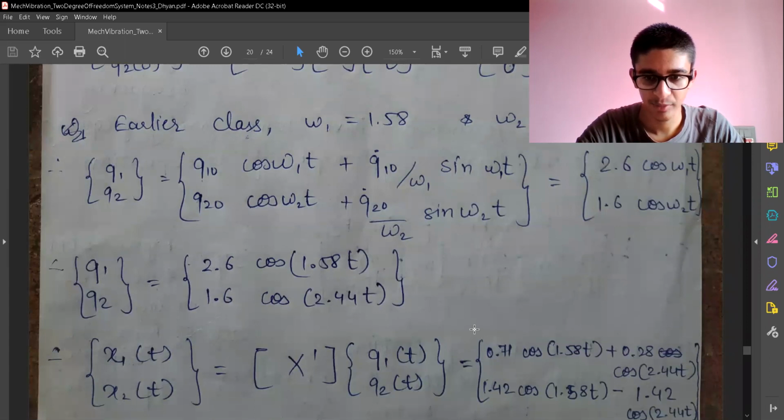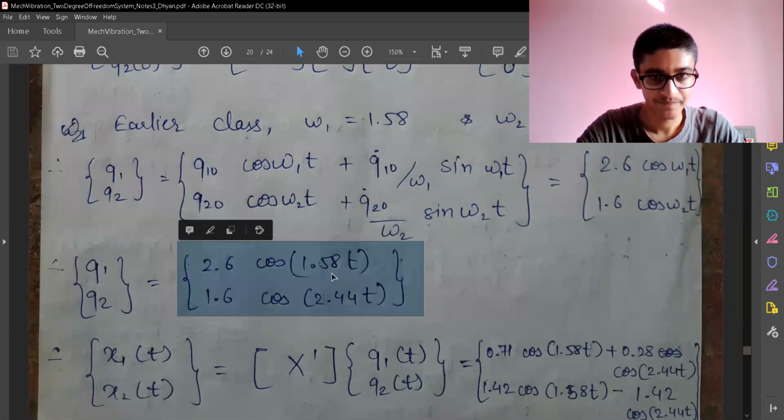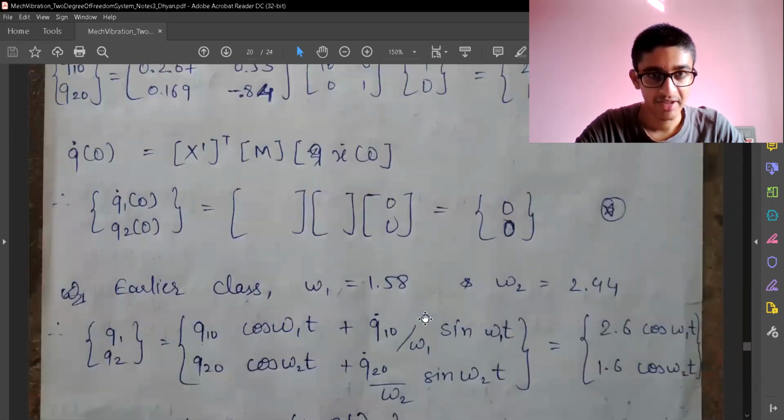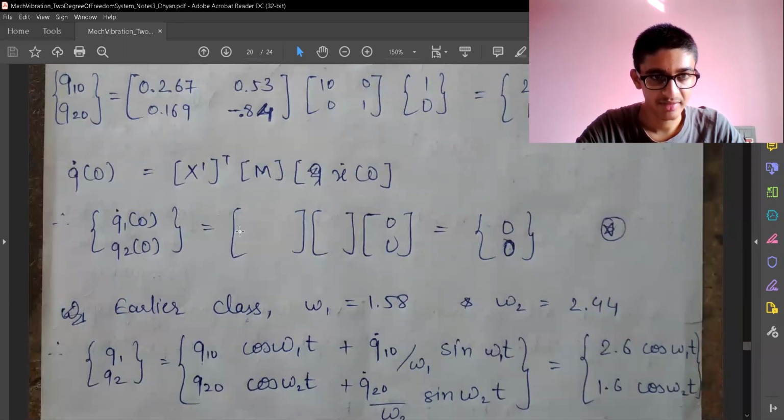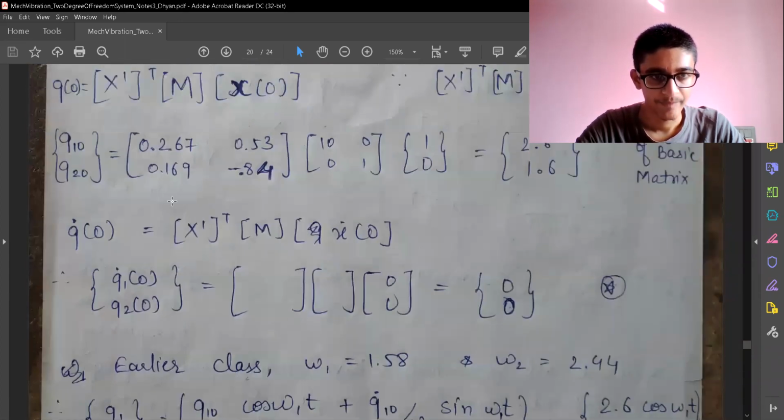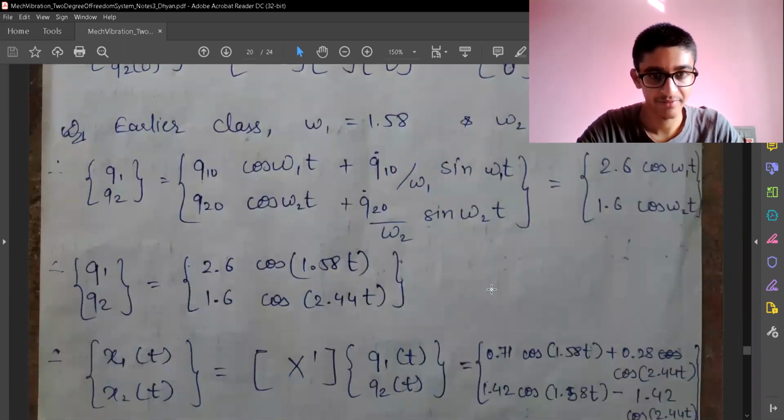So we had a response size of this much, and when we change the response to modal coordinates, the response size has decreased. And how can we decrease this? We have just used this extra matrix, X, or change of basis matrix, which is just a combination of eigenvectors.